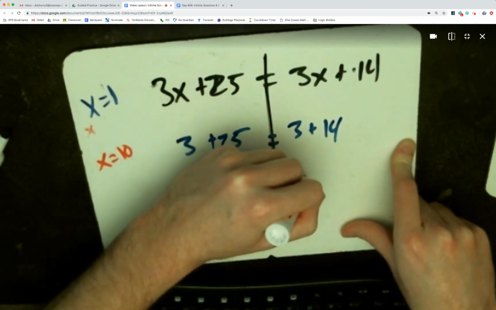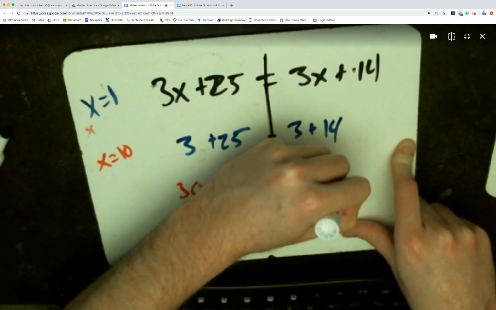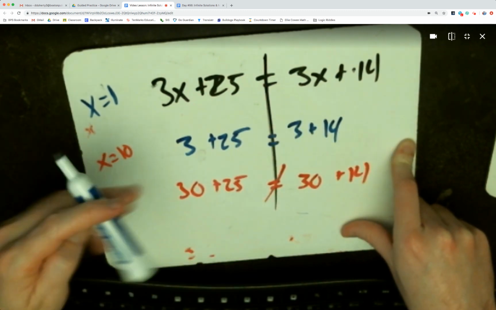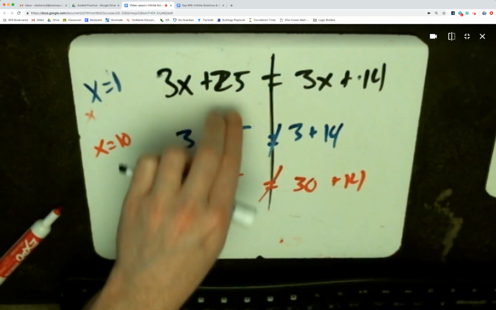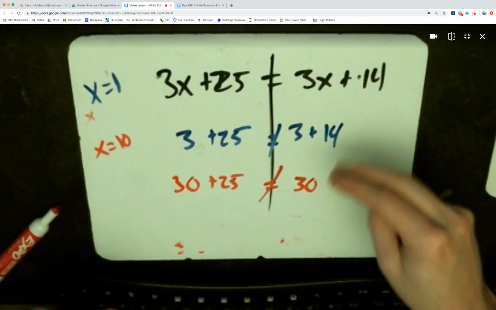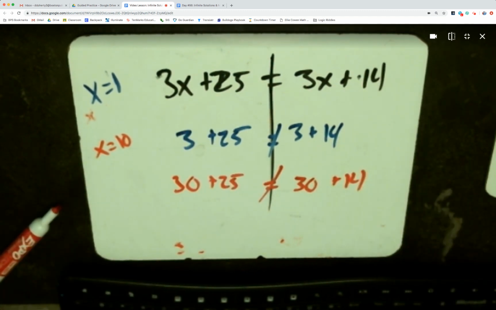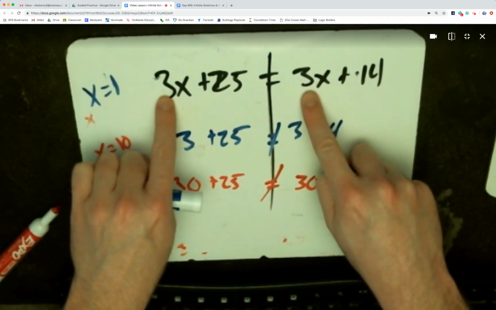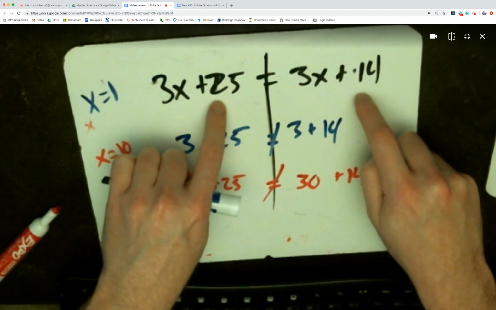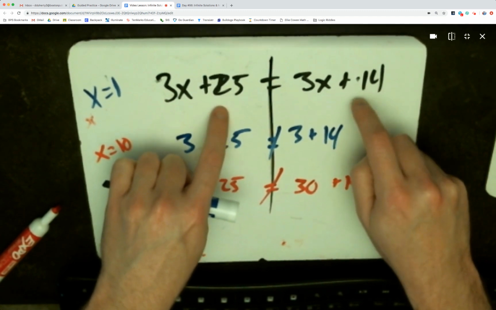That's not going to equal 30 plus 14. Doesn't matter what I pick for x, this side is always going to get 25 added, this side only gets 14 added. There is just no solution to an equation like this when we see the same variable term with the same coefficient, but a different constant term combined with it on opposite expressions.